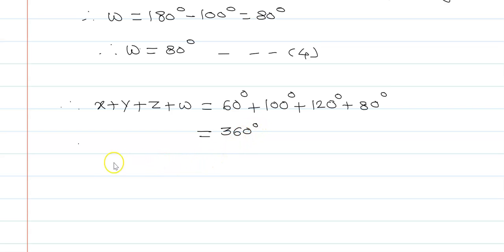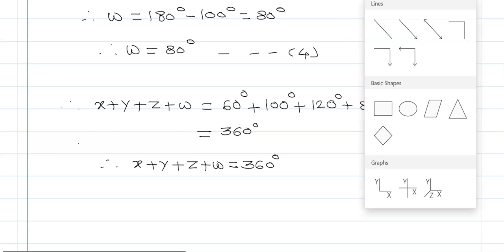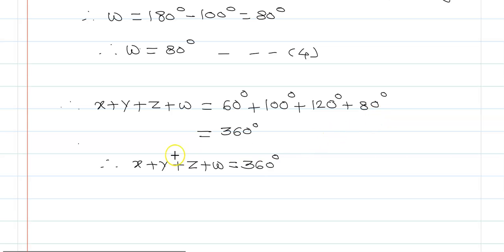And therefore x plus y plus z plus w is equal to 360. Its total is 360.